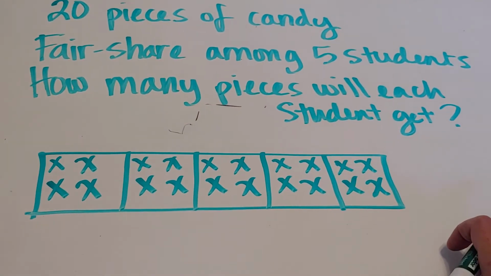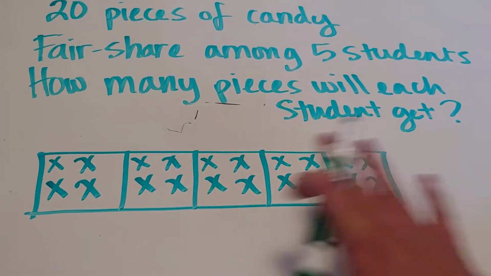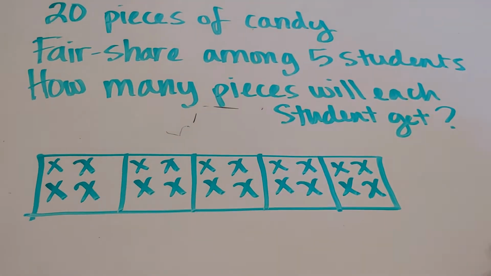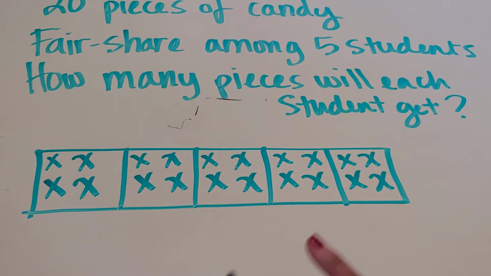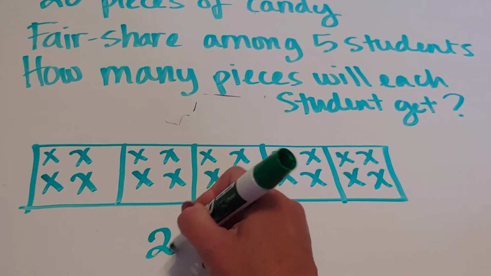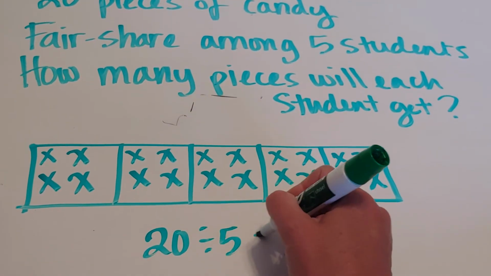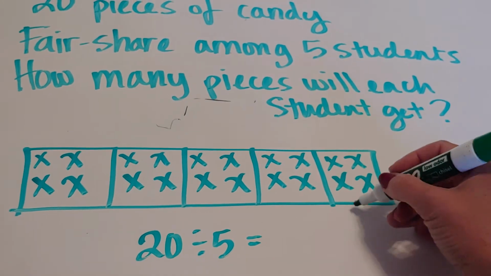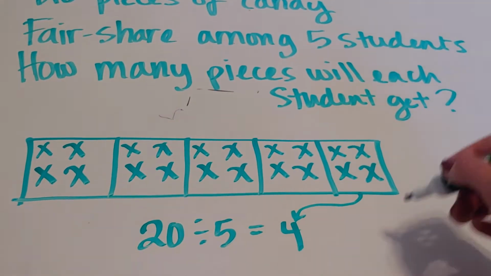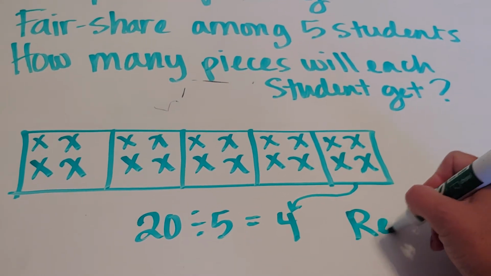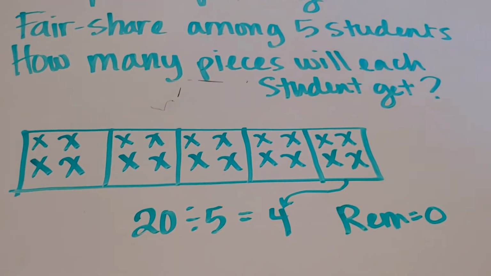And here I've run out of candy and each kid got the same amount. That means that I have a remainder of 0. So 20 divided by 5 equals, and my answer here is how many did each student get? Well, each student got 4 pieces of candy. And again, the remainder is 0.